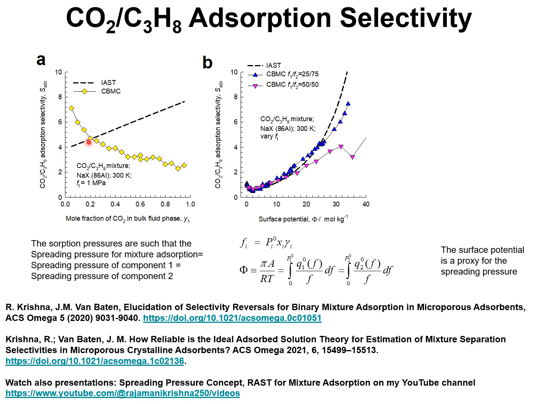The IAST estimates are shown by the dashed lines, and the IAST predicts a trend that is the inverse of the trend that is actually observed.